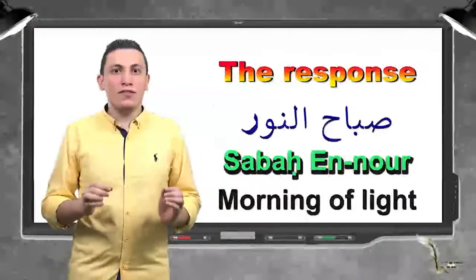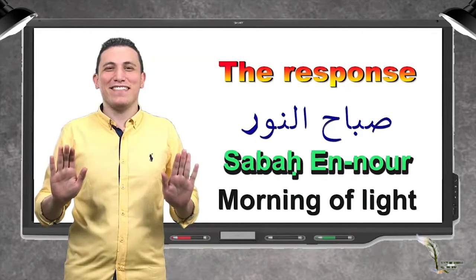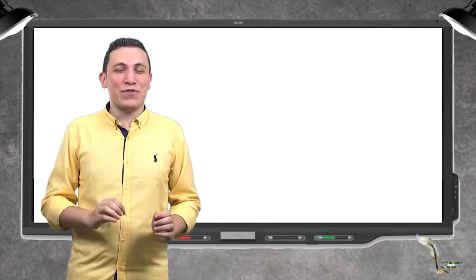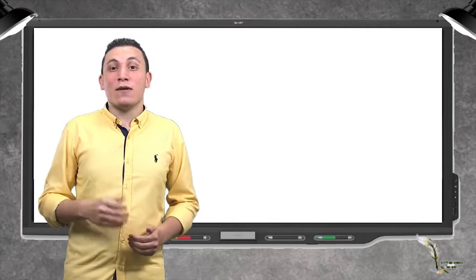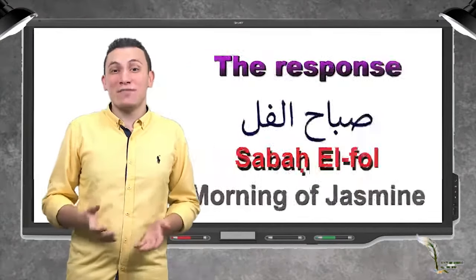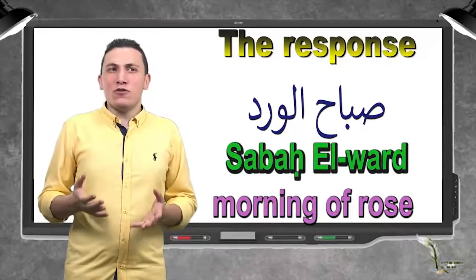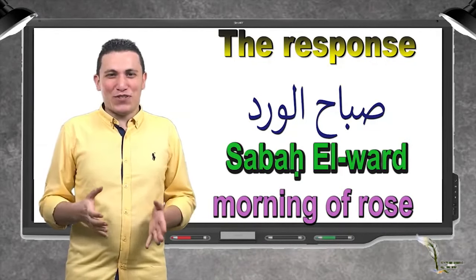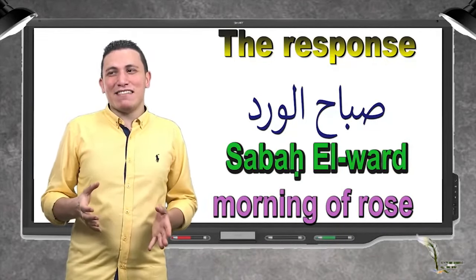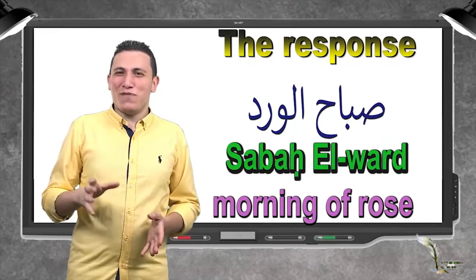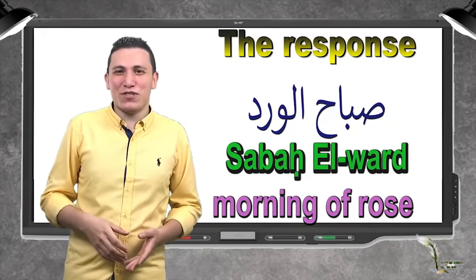Sabah al-Nur literally means morning of light. You can also say Sabah al-Ful, morning of jasmine, or Sabah al-Ward, morning of rose. The most common one is Sabah al-Nur, which means morning of light. And you know, Sabah al-Ward sounds too romantic, so I wouldn't use it with my friends.